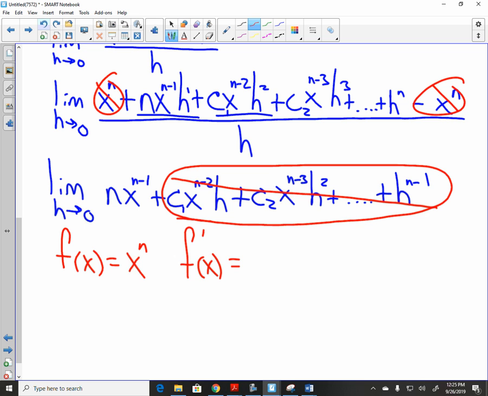You take the power and move it in front of x, and then you reduce the power by 1. So if f of x was equal to x to the 5th, then f prime of x, what do we do with the 5? Put it in front. What do we do to the 5? Minus 1.